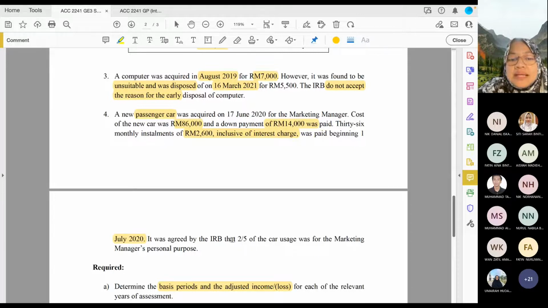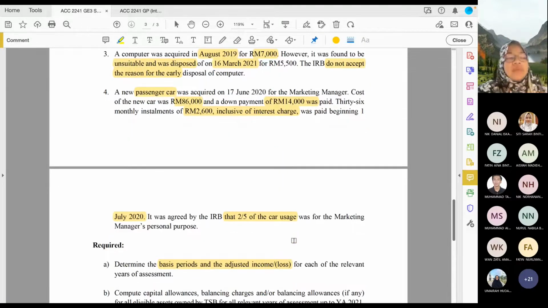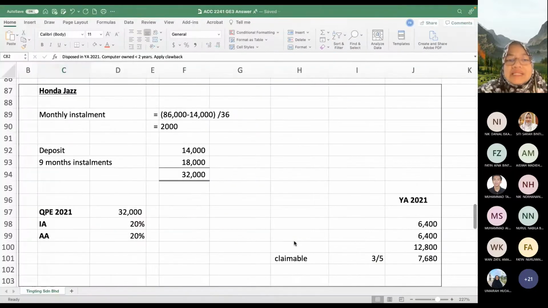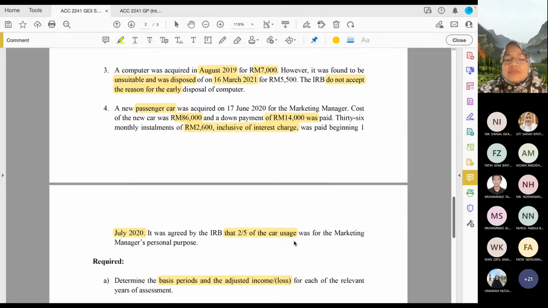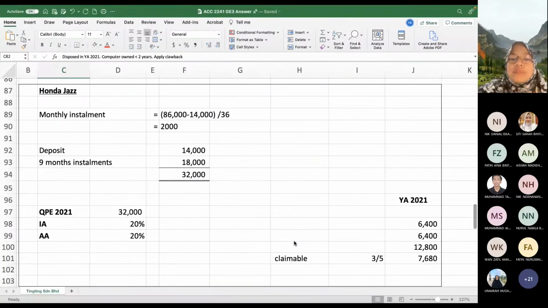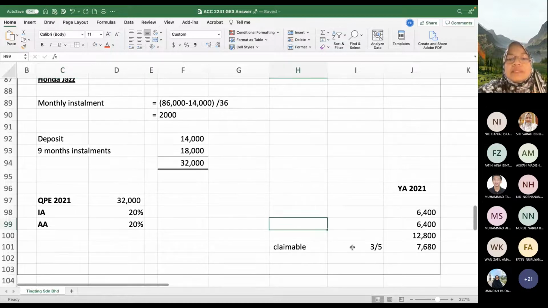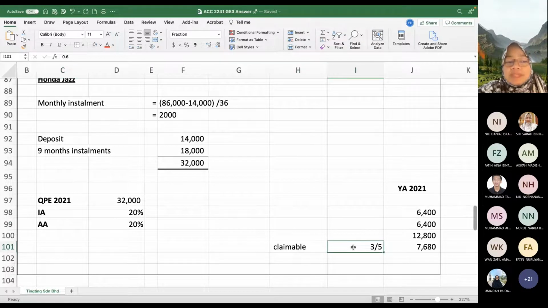However, the RB said that only 3/5 of the car usage was for marketing, and 2/5 of the car usage was for the manager's personal purpose. So for the business purpose, you can only claim 3/5, because 2/5 is personal. The balance is for business purpose.